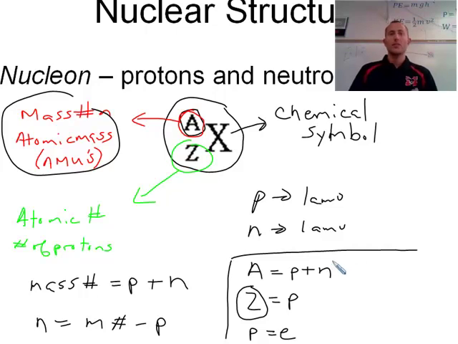It's what gives it its unique chemical characteristics, its chemical properties. The number of protons is what defines an element. Other things about an element can change, like the number of neutrons, as we'll see, or the number of electrons, but if the number of protons were changed, it would be a totally different element.